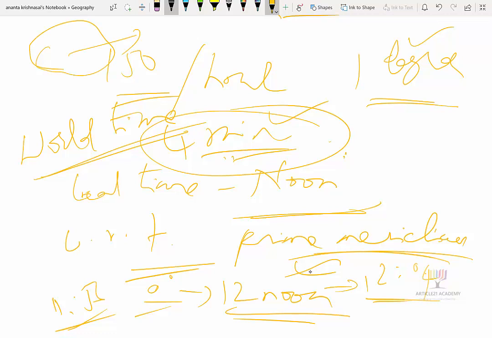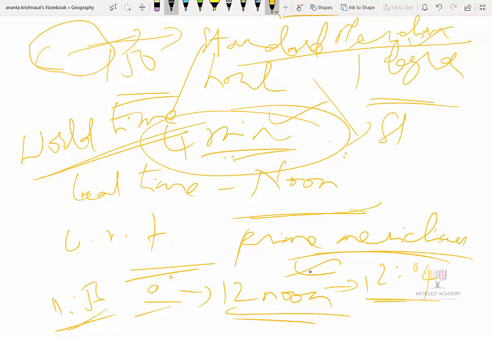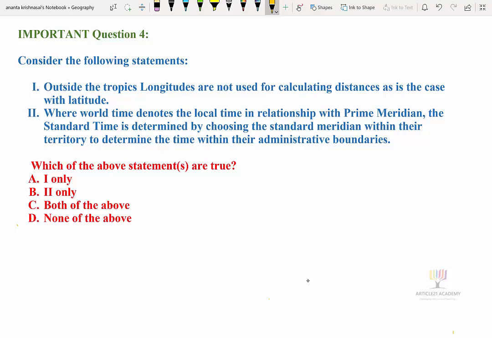And hence, in order to overcome this difficulty, we started looking at what is called the standard meridian, and this standard meridian gives you what is called the standard time. So whatever is the local time at this particular standard meridian will be taken as the standard time for the whole country.